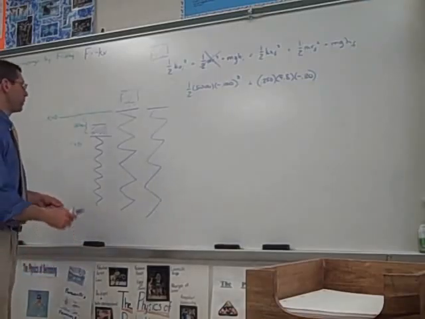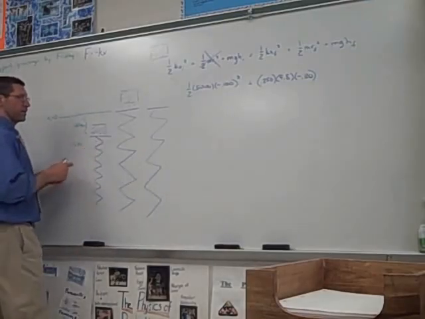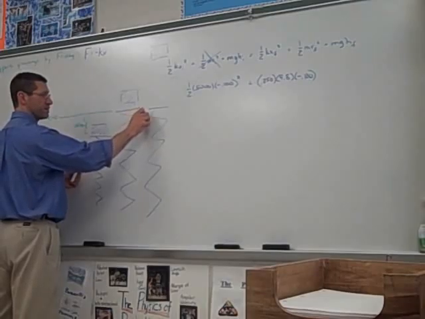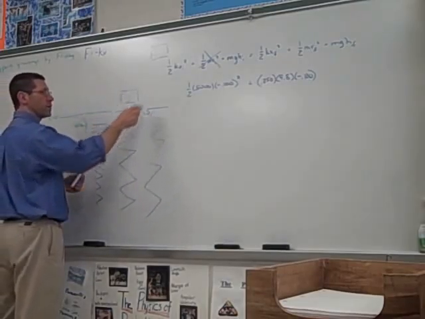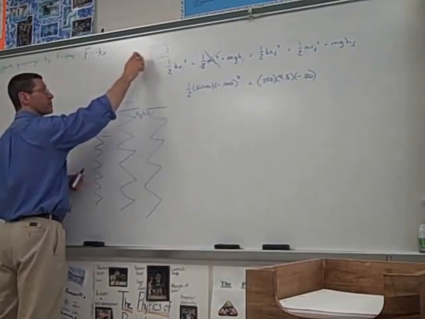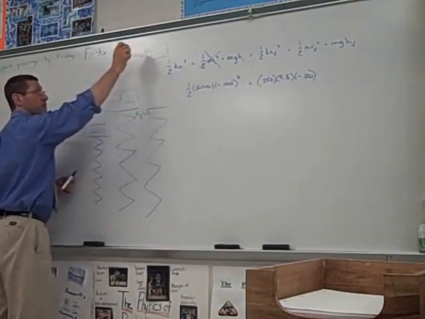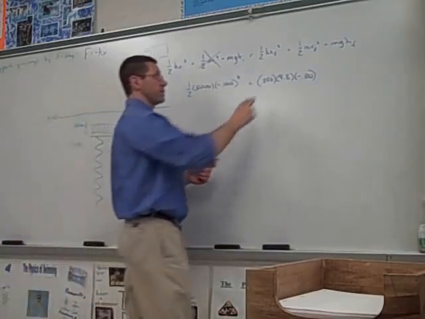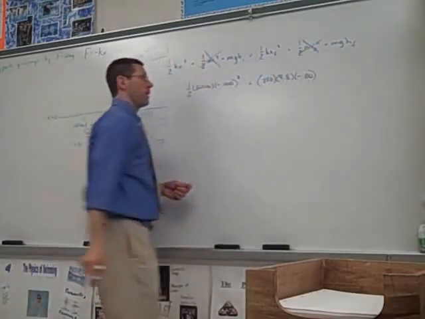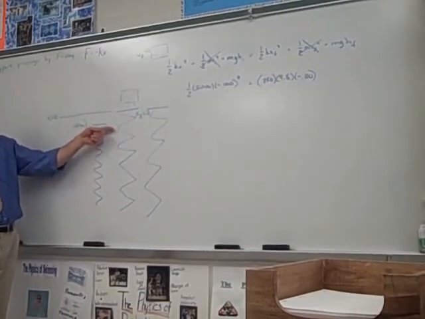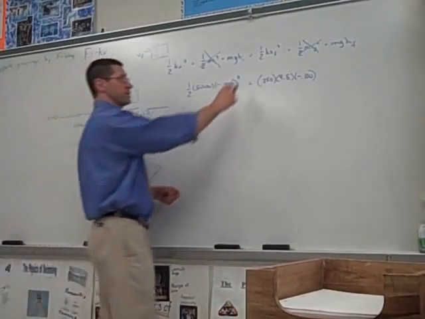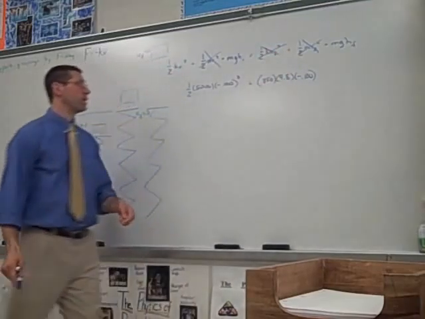And now, once this happens, at this point, xf is now 0, because it's back to equilibrium. What you want to know is when things are going on here. So here, vf is 0. So there's no kinetic at the end, so that's gone. And because xf is 0, the displacement of the spring is 0, there's no elastic potential.